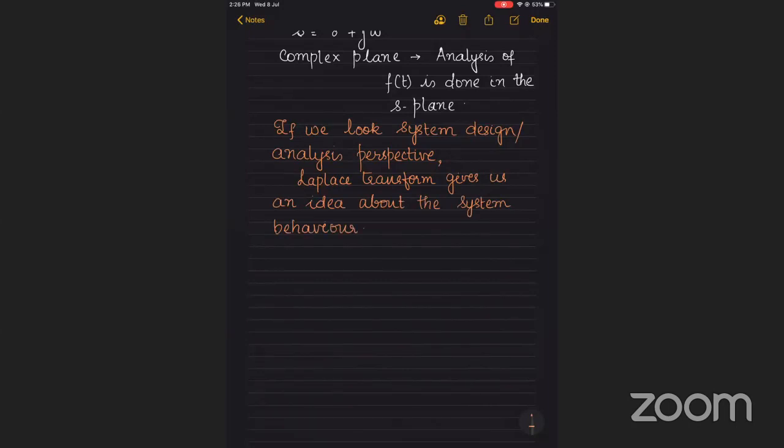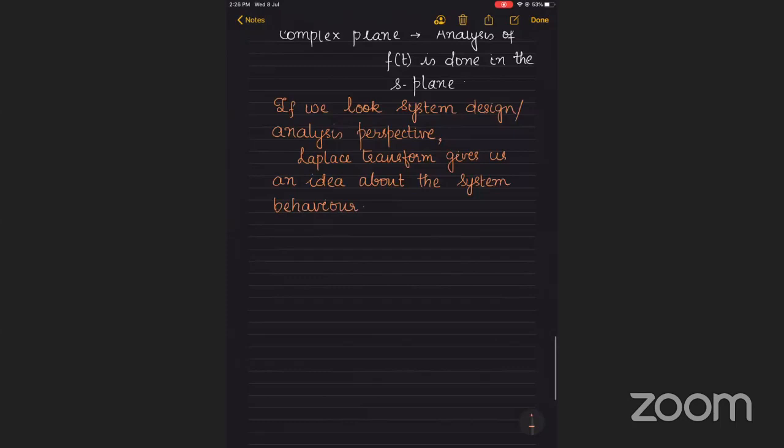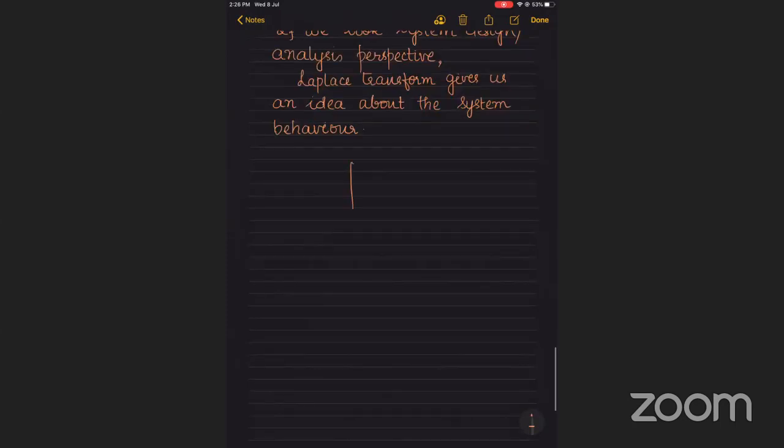So what does that mean? Suppose I have a system. This is a system. I give it an input x of t, and from the system I get an output which is y of t.